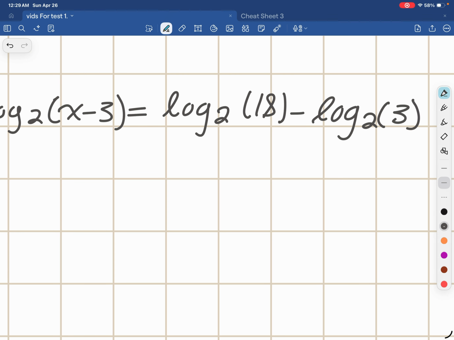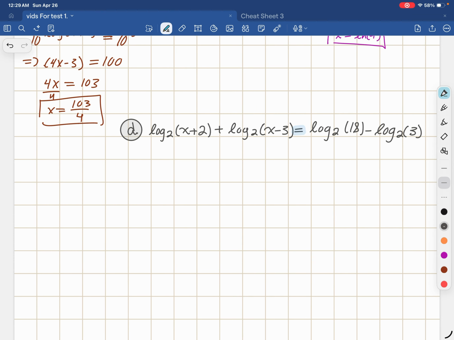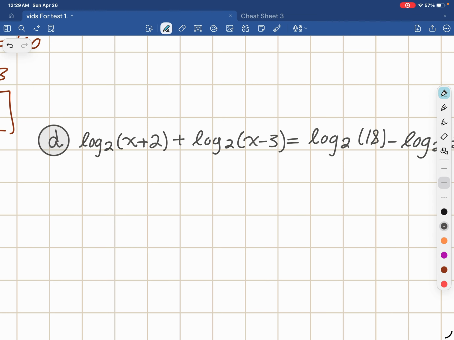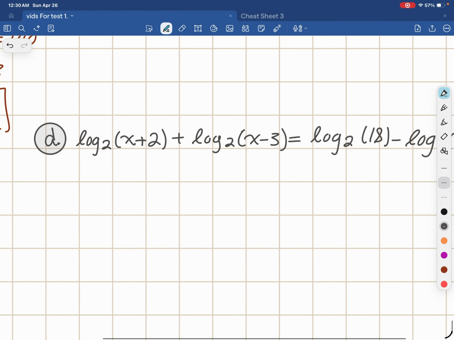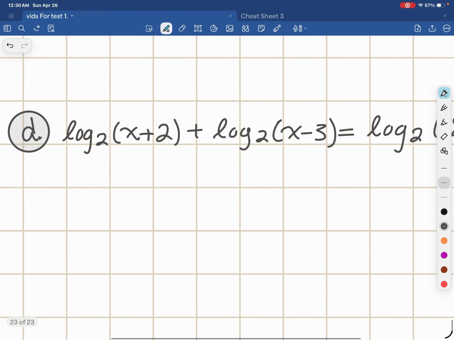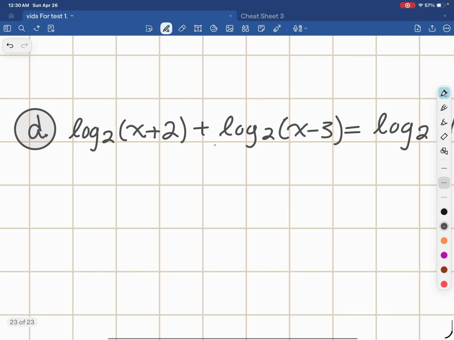So an important thing to remember is that when we're dealing with logs, we cannot raise anything when we have two logs on each side. We have to have log only on one side of our equation in order to do something like this. One log on each side of our equation. So we'll just use our simple properties, right? Right here, we know we can use the property of addition turns into multiplication or vice versa.